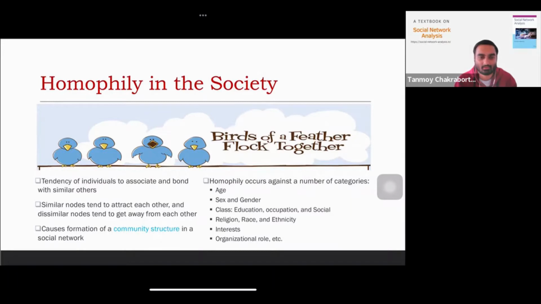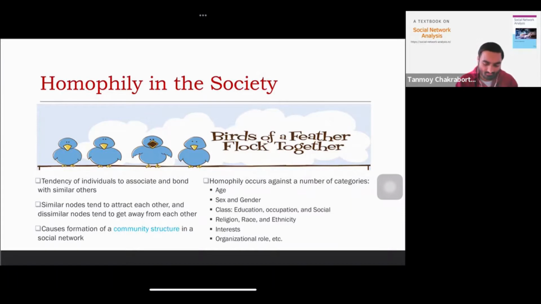So this homophily property is responsible for the formation of well connected groups. I'm wrongly using the word strongly connected group; strongly connected component is not the right word, but what I'm trying to say is that because of this homophily, similar kinds of nodes get attached with each other and form dense groups.